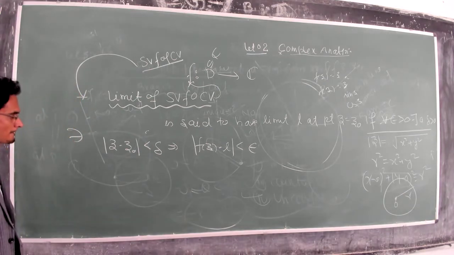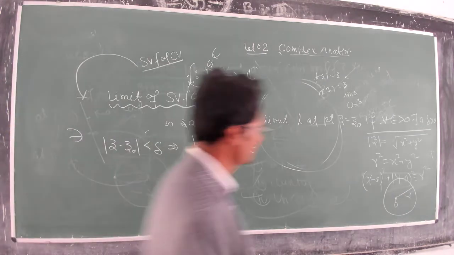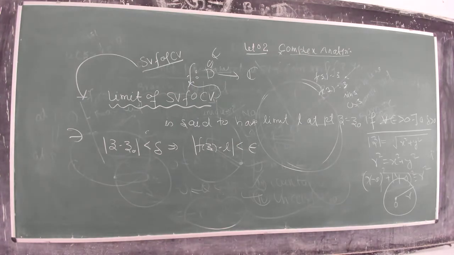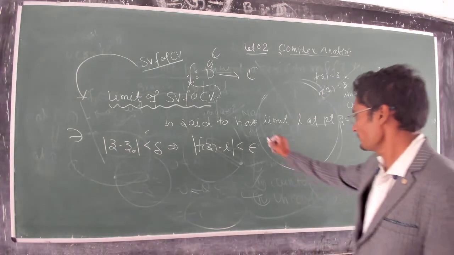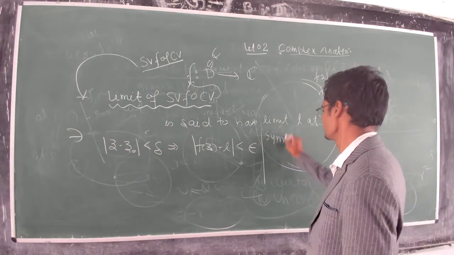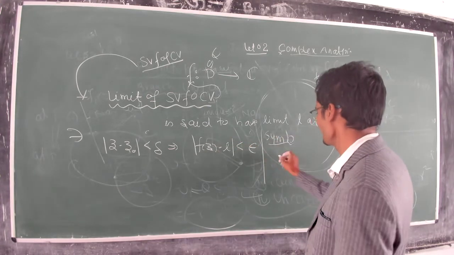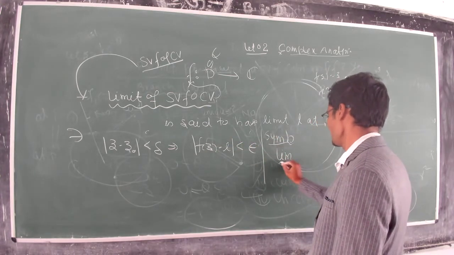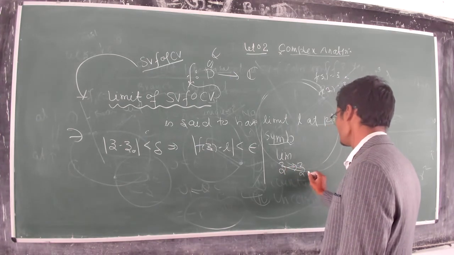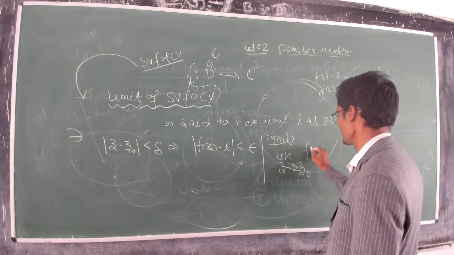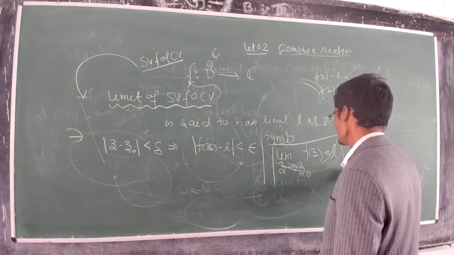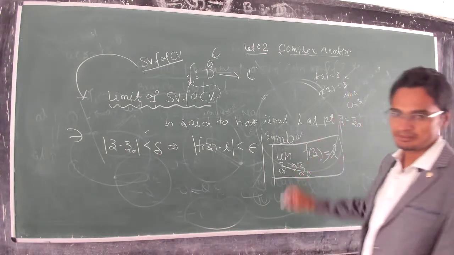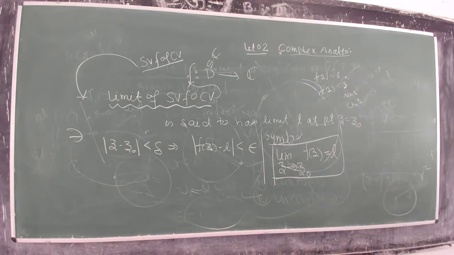Okay. So before that I should let you know one more terminology here. Symbolically, what you used to write is the limit z tending to z naught of f of z is equal to L. This is not a definition, this is a symbol. Okay, but this is not mathematics.